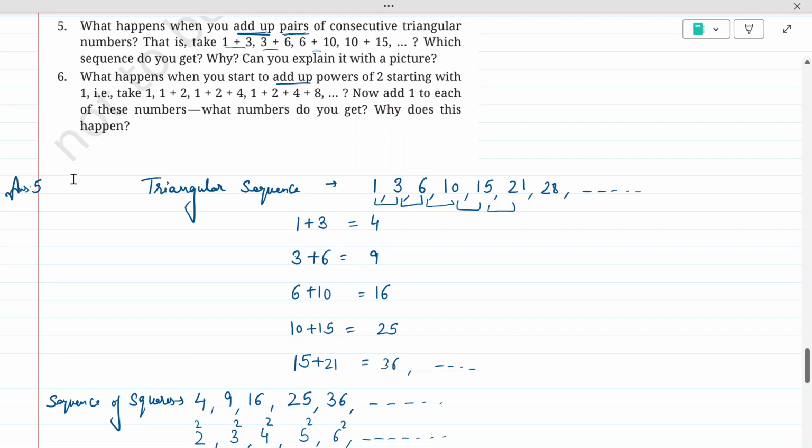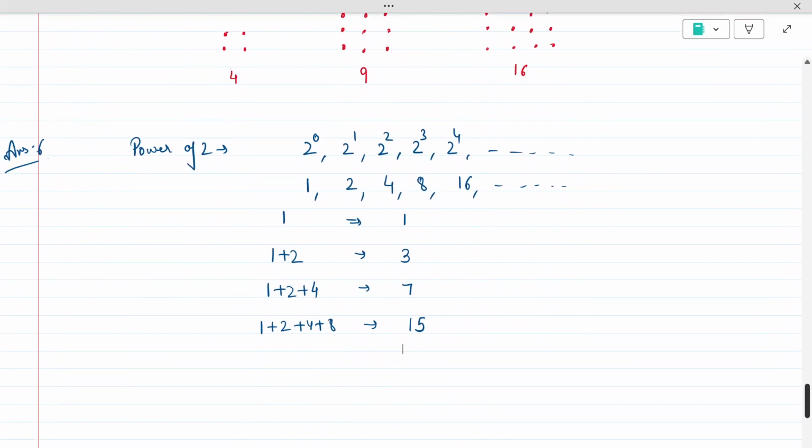Now add 1 to each of these numbers and see what numbers you get. When I have added the powers of 2 up, I have got these numbers. Now we are asked to add one more 1 to it.